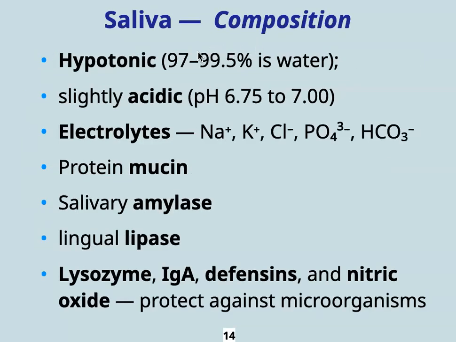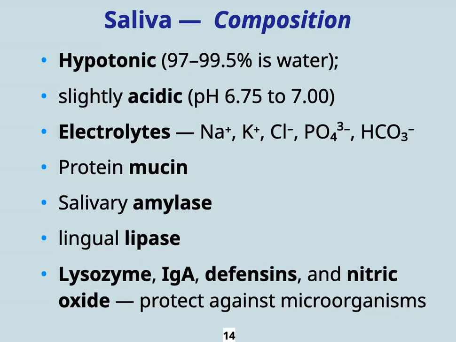Taking a look at the composition of saliva, we see that it's almost entirely water. There are some electrolytes, and it's slightly acidic. It contains the protein mucin, a substance in our saliva that has a lubricating, wetting, or softening effect. It helps to protect the oral tissues and helps enhance mastication as well as our ability to speak.